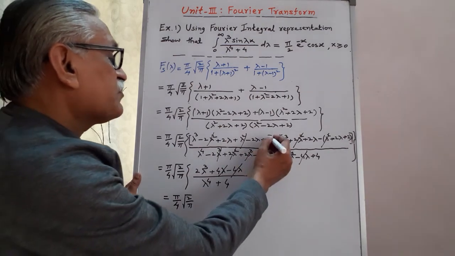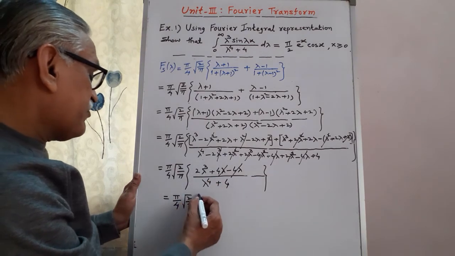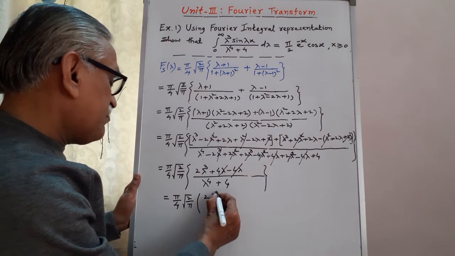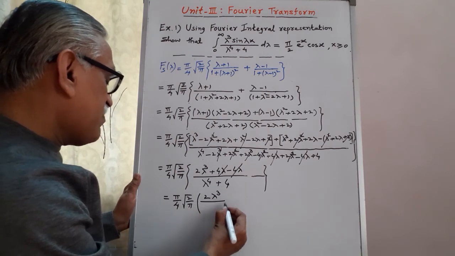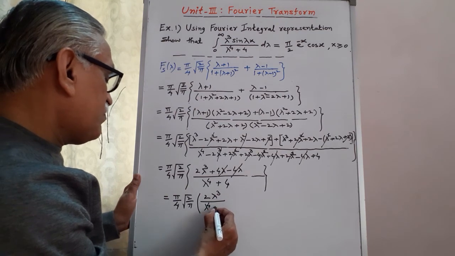Okay, this plus 2 and minus 2 get cancelled. Therefore, we have only 2 lambda cube divided by lambda raised to 4 plus 4.